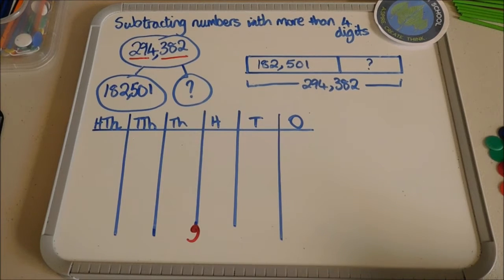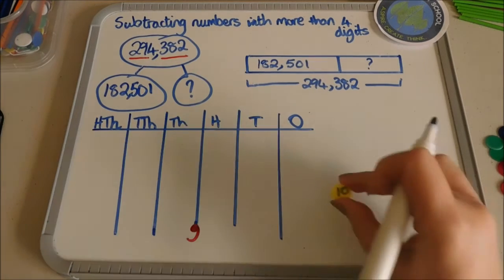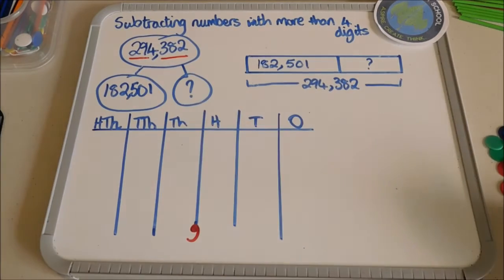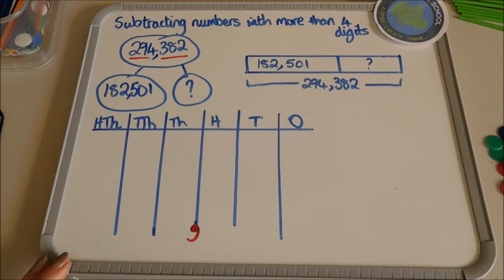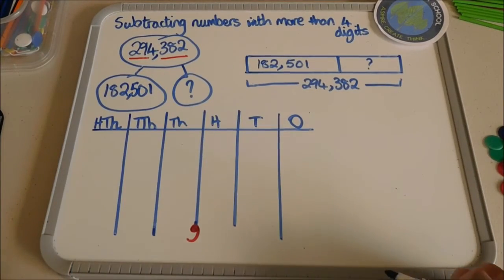We do have place value counters that the children use, where you would have a counter with a number of tens or ones on it. So children might use those as well. For this, I'm going to be using diagonal lines, so they do not look like the number 1.